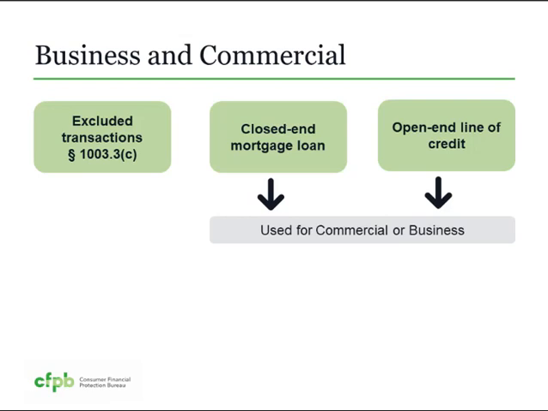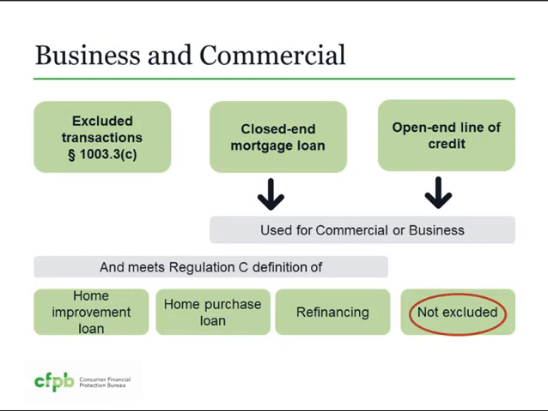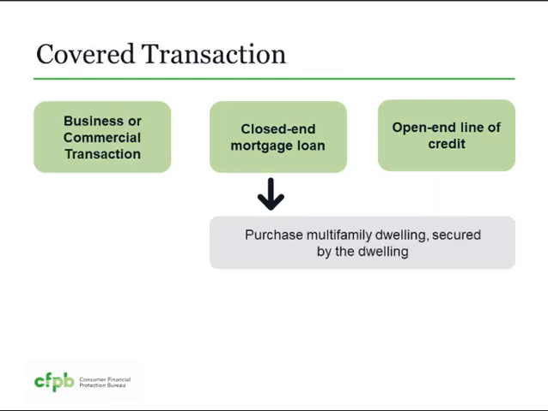However, if the financial institution determines that the proceeds of a closed-end mortgage loan or open-end line of credit will primarily be used for a commercial or business purpose, but that it also meets the Regulation C definition of a home improvement loan, home purchase loan, or a refinancing, then the transaction would be a covered loan unless another exclusion applies. An example of a commercial or business purpose transaction that is covered under Regulation C, unless another exclusion applies, is a closed-end mortgage loan to purchase a multifamily dwelling secured by the dwelling.